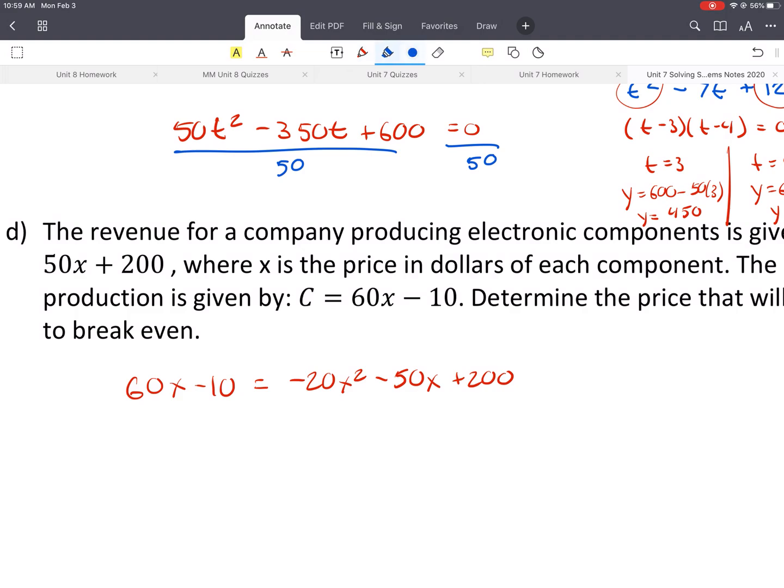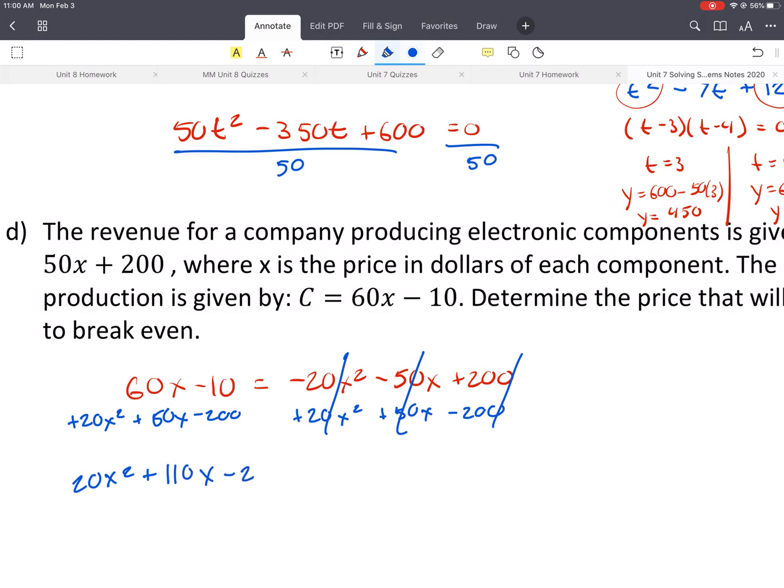So just add everything to the other side. So plus 20x squared plus 50x minus 200. That all cancels, and we end up getting 20x squared plus 110x minus 210 is equal to 0.